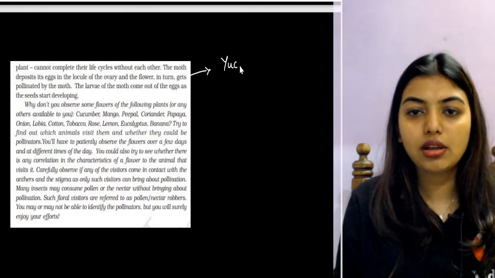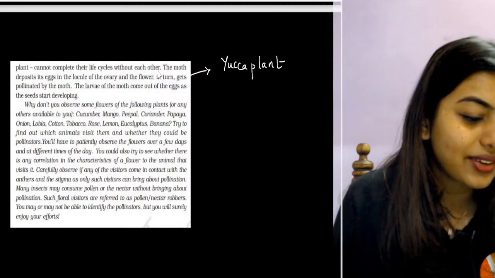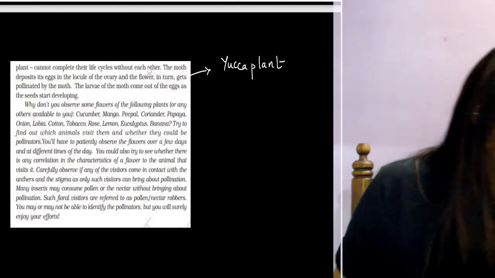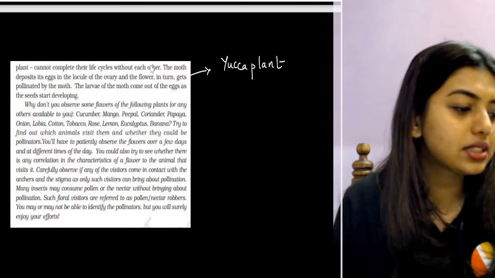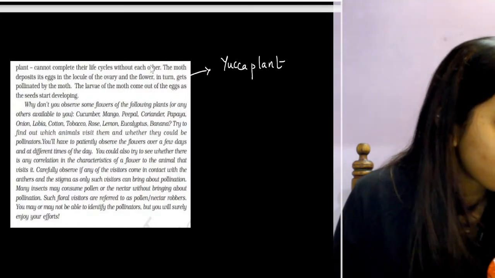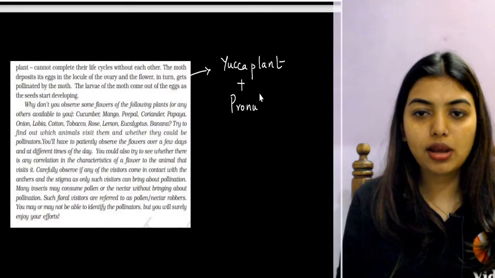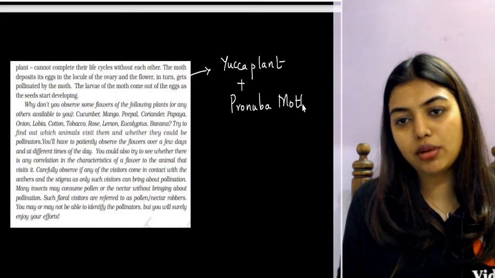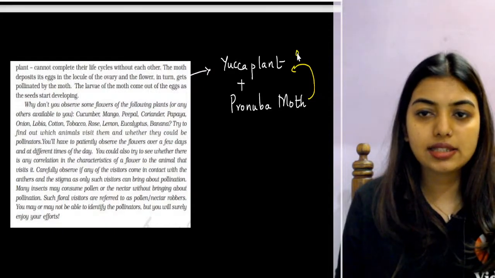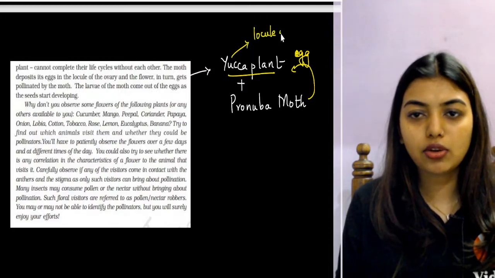So this yucca plant plus the Pronuba moth, this Pronuba moth will lay the eggs in the locule of the ovary.